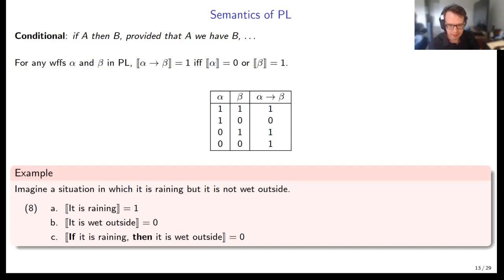In psychology, there are many studies on the conditional. I'm sure some of you have heard about the study of the cards with A, B, 4, 7. There's a rule that says if there's a vowel on one side, then there's an even number on the other side, and these are cards, and then people are asked to flip the cards to verify whether that statement is true.